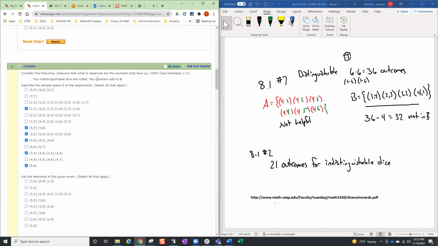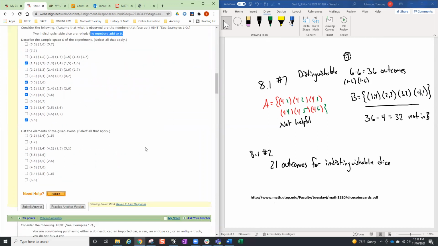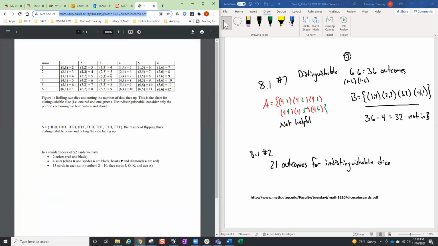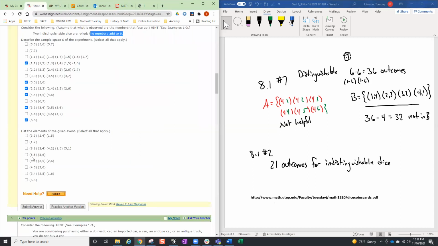I just realized the numbers add to 6. Out of these options, just the ones that we have highlighted, which ones add to 6? 3, 3, 2, 4, and 1, 5. So there's 3 of them.